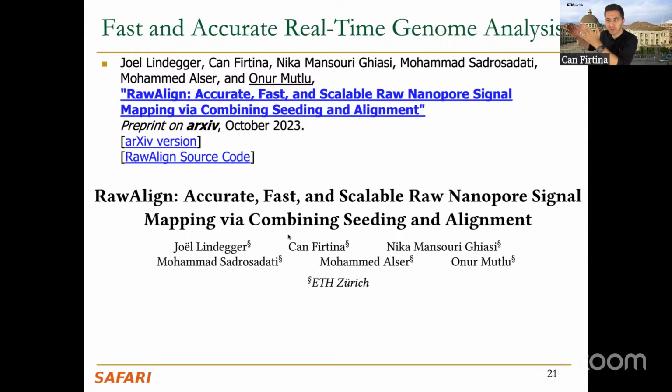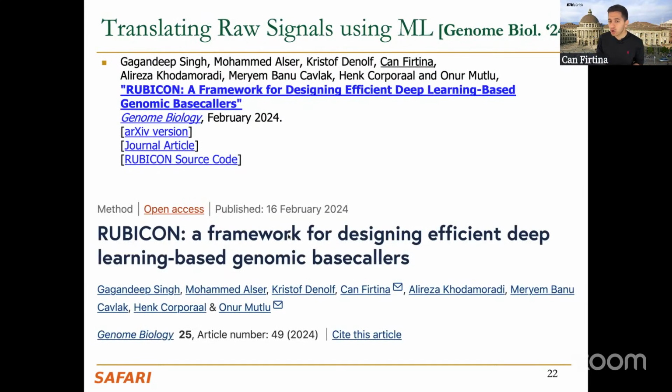And these differences maybe in the future can be used to identify the mutations without even base calling. So this is what RowAlign does. We also look at how we can design maybe more efficient, faster base callers, what sort of optimizations we can do, maybe quantization and so on. So this work covers all such optimization opportunities.